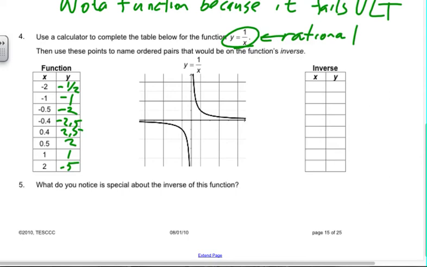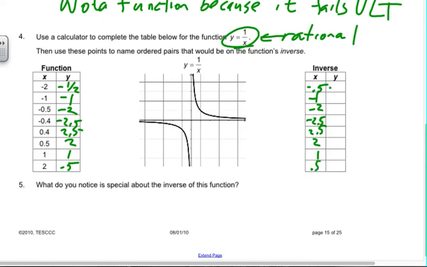Okay, so now we do the same thing we did above. We take our y's and put them in the x's. So I got a negative 0.5, negative 1, negative 2, negative 2.5, 2.5, 2, 1, and 0.5.